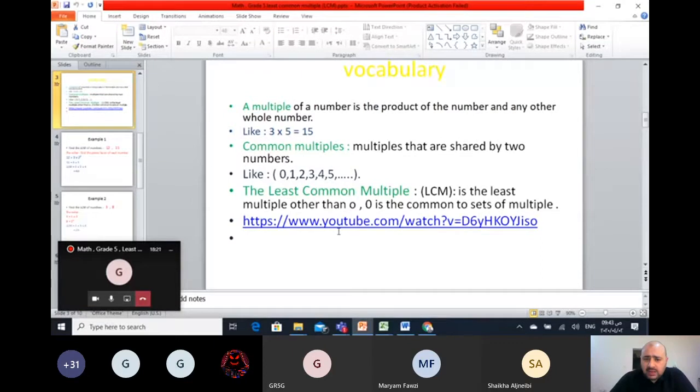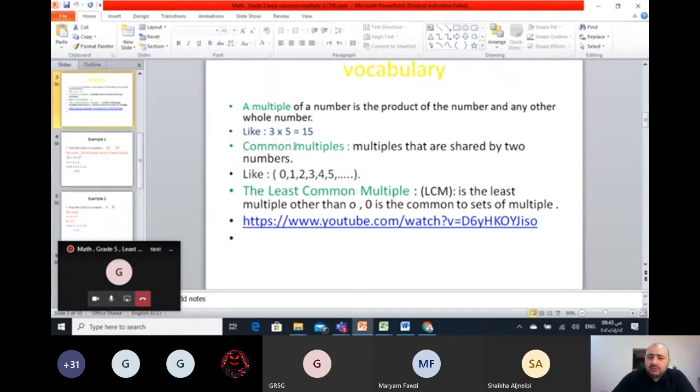A multiple means the product of the number and any other whole number. For example, if you have 3 times 5, the answer will be 15. So we name 15 a multiple of 3 and a multiple of 5.